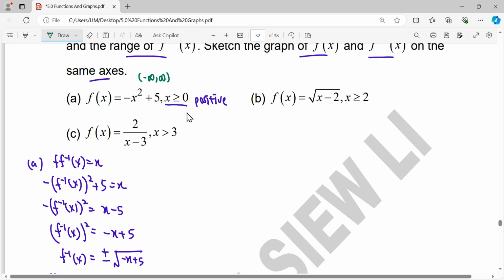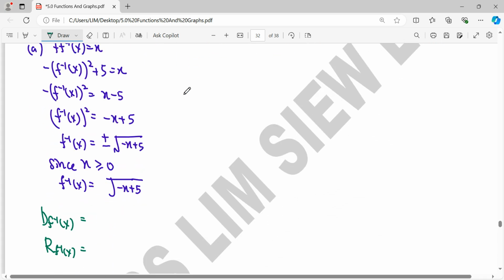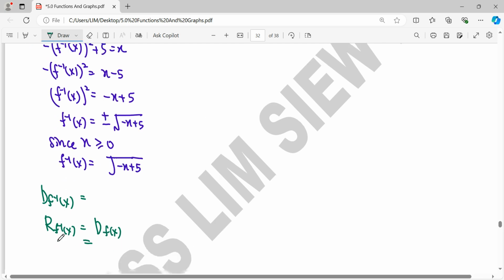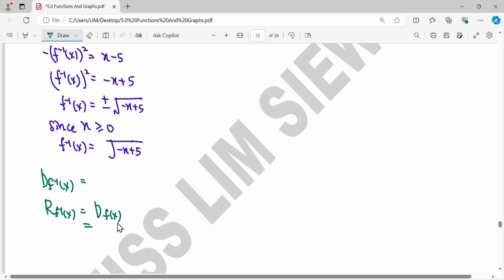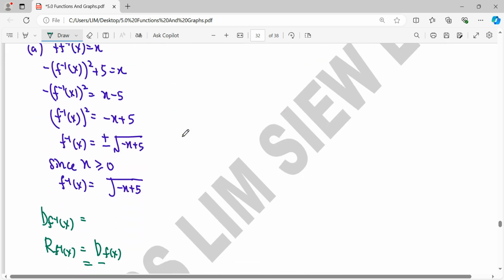Since the question gives a condition saying x more than or equal to 0, our domain of the function is more than or equal to 0. So the range of the inverse function equals the domain, which is more than or equal to 0.